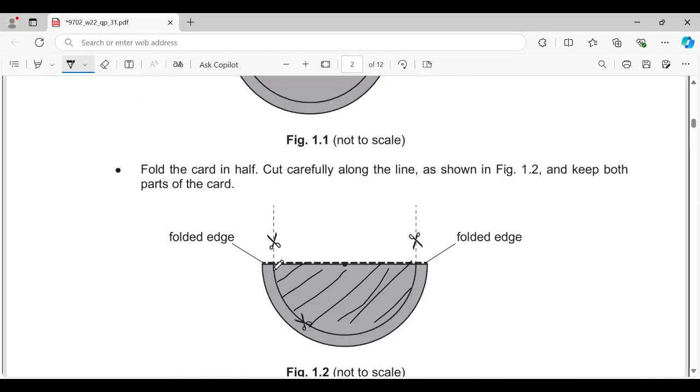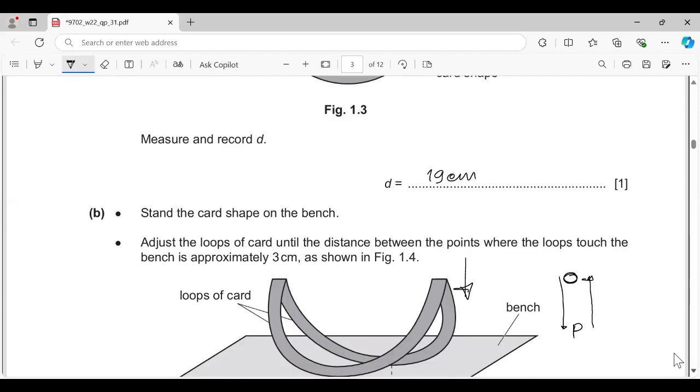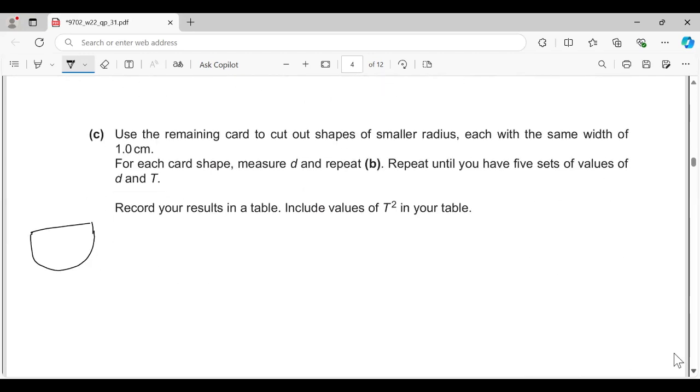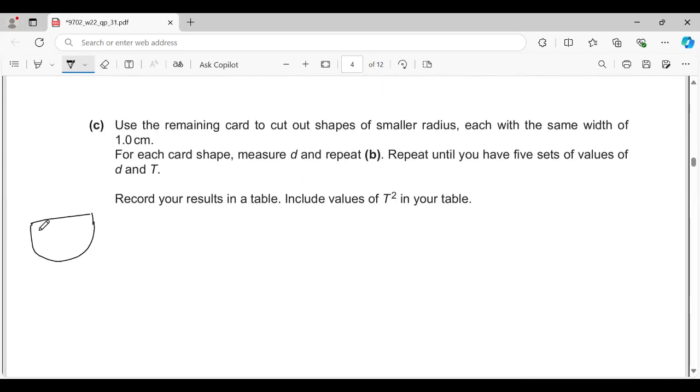Just now we didn't use this part, and now we are going to use that part. So we cut the same as the previous one.